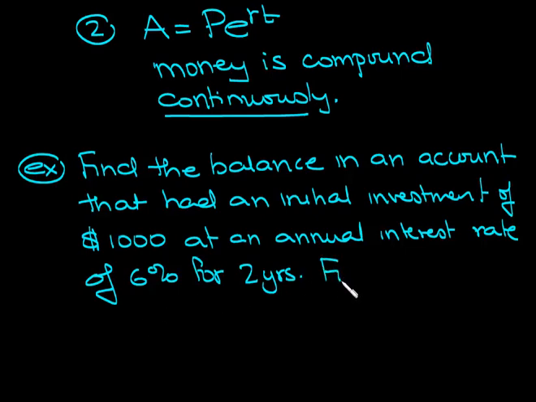Find the balance in an account that had an initial investment of $1,000 at an annual interest rate of 6% for 2 years.